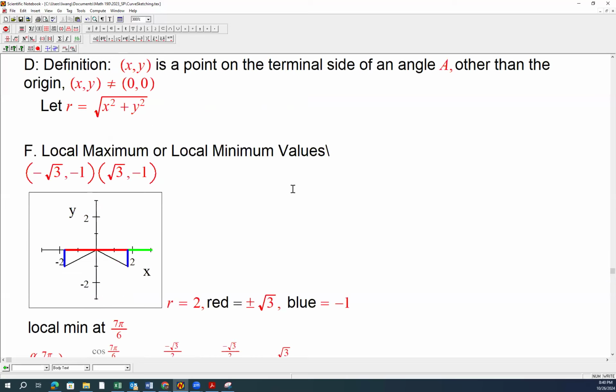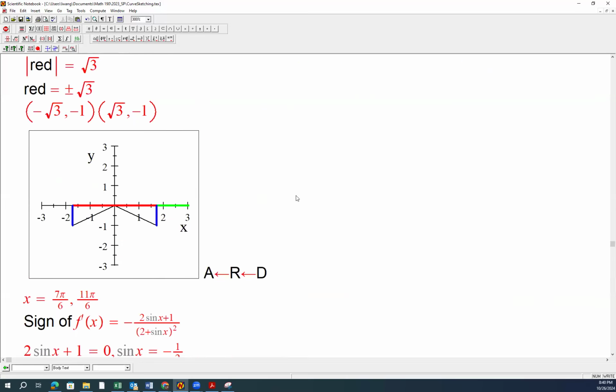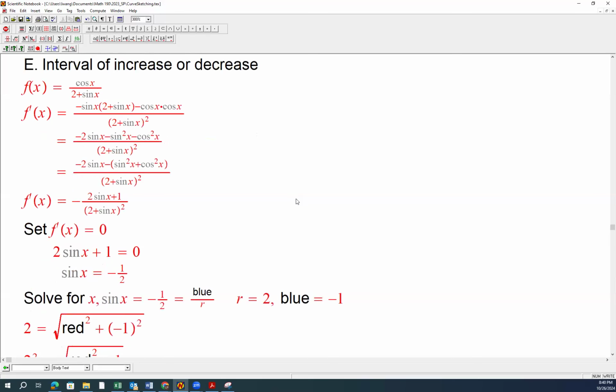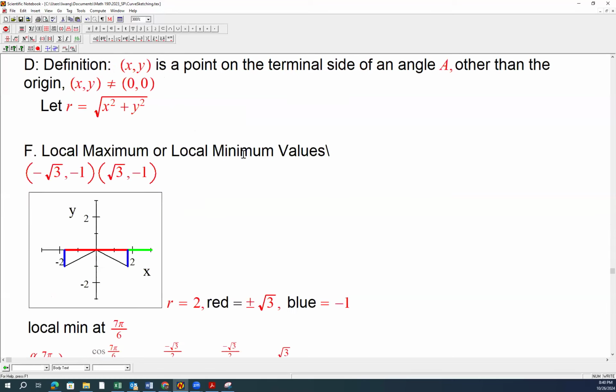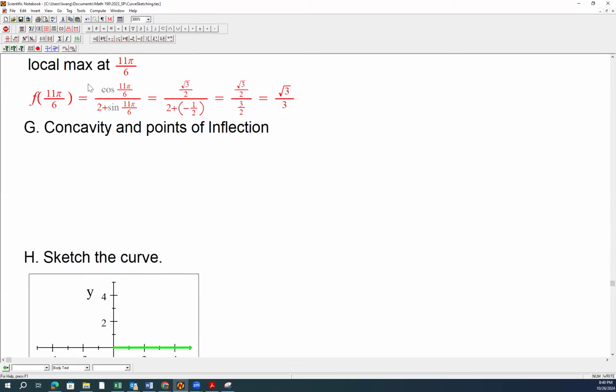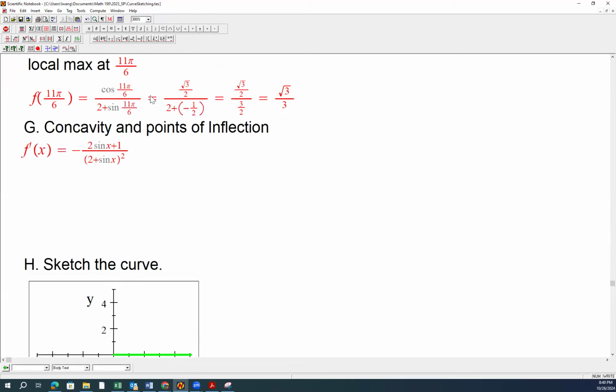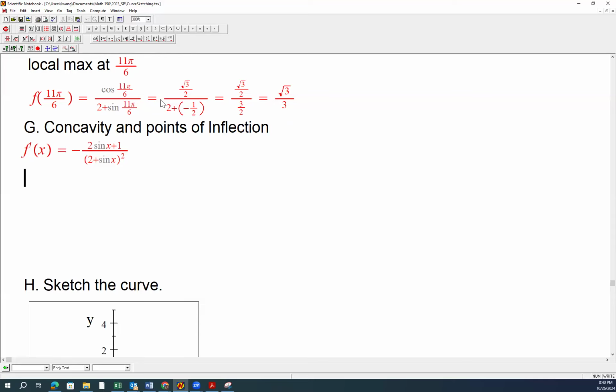Concavity. So we got the function, we got the derivative. Now we're going to find the derivative of the first order derivative, so we're going to have to find the second order derivative. Wow, let's go.